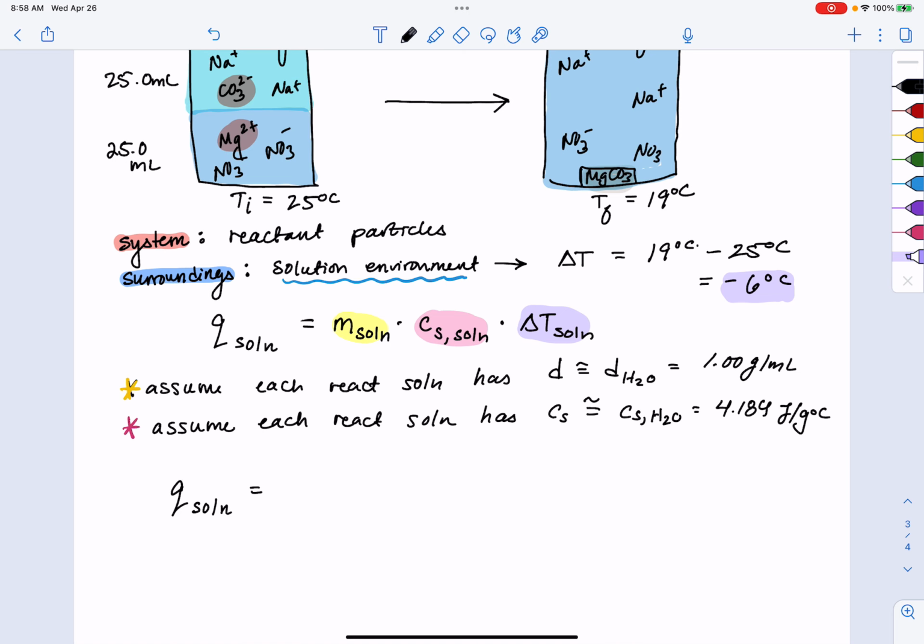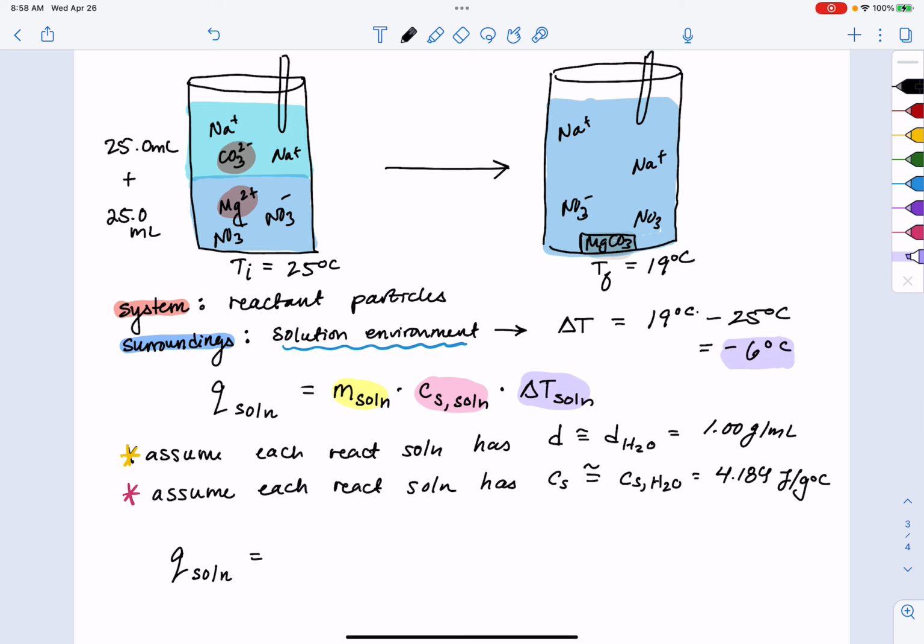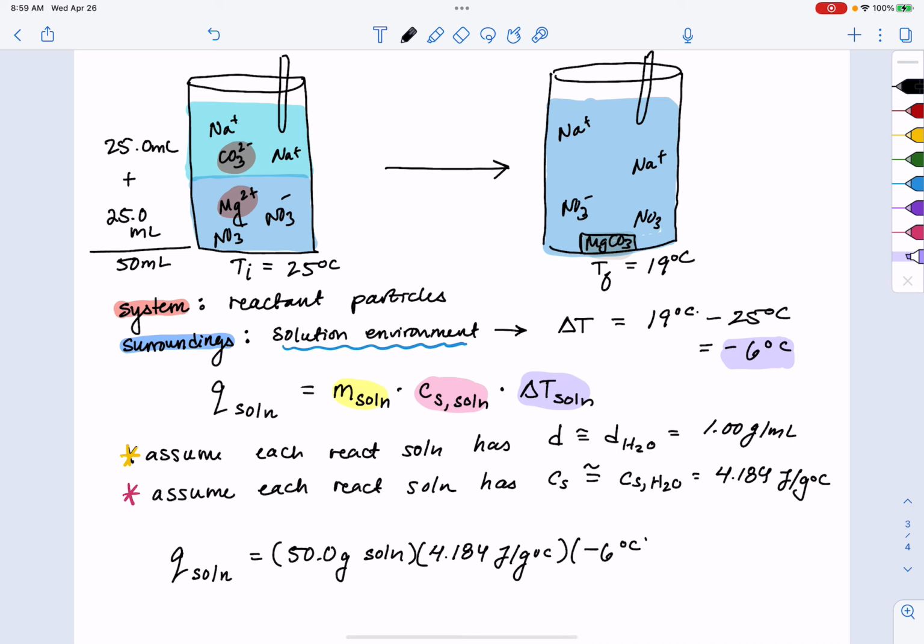So Q solution is going to be the mass of our solution. So let's look at this reactant solution. The total volume is 50 milliliters, and if the density is 1 gram per mL, that means that I have 50.0 grams of my solution. I've also said that the specific heat capacity could be approximated to be that of water, so times 4.184 joules per gram degree Celsius, times our delta T, -6 degrees Celsius.